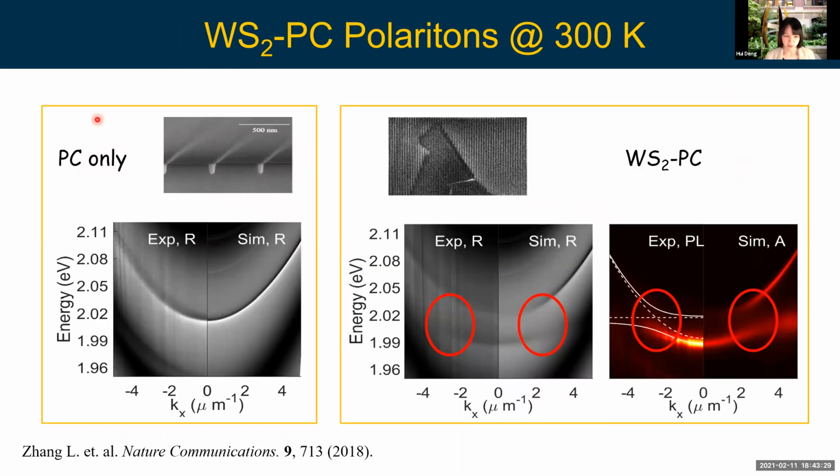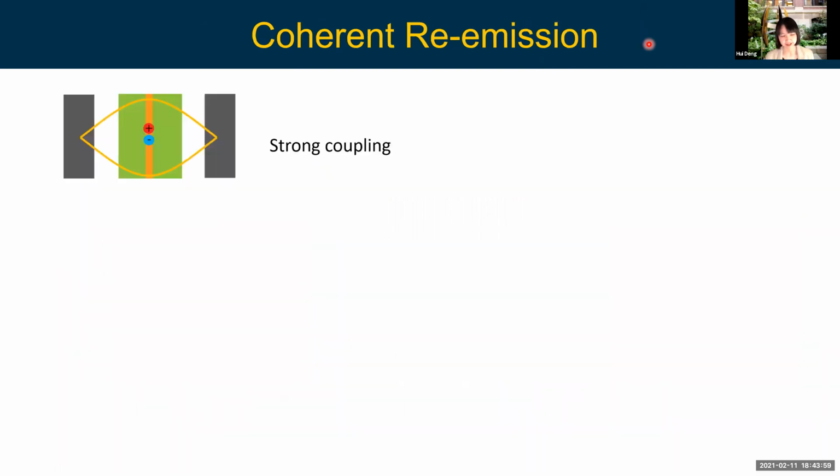And when we do that, we right away get into the strong coupling regime, which is shown here, where the cavity mode now splits into two with the anti-crossing, giving us the upper and the lower polaritons. And that even happens at room temperature, instead of the liquid helium temperature we have to work with for materials like gallium arsenide. And we can push our luck further, even remove the cavity.